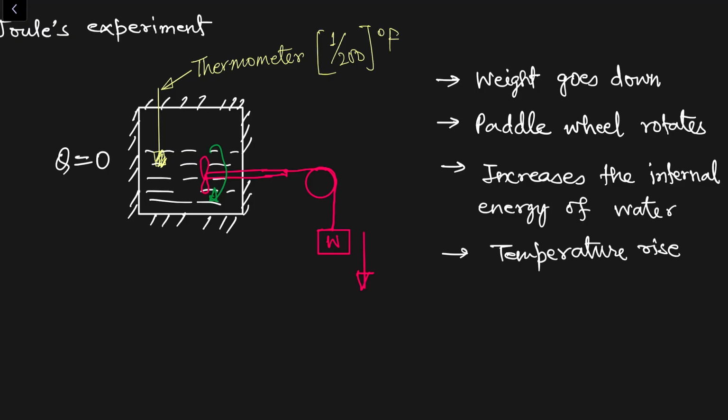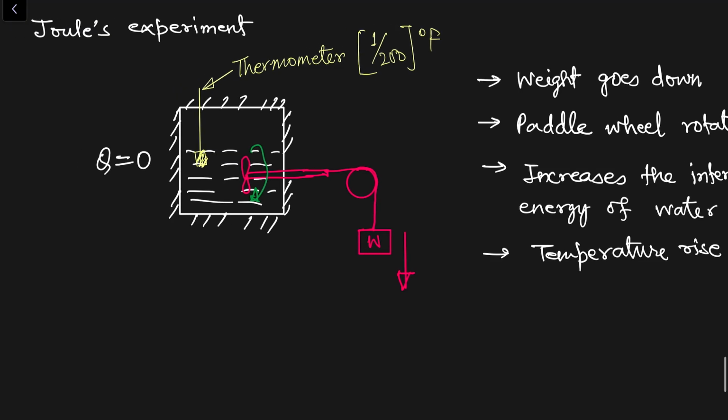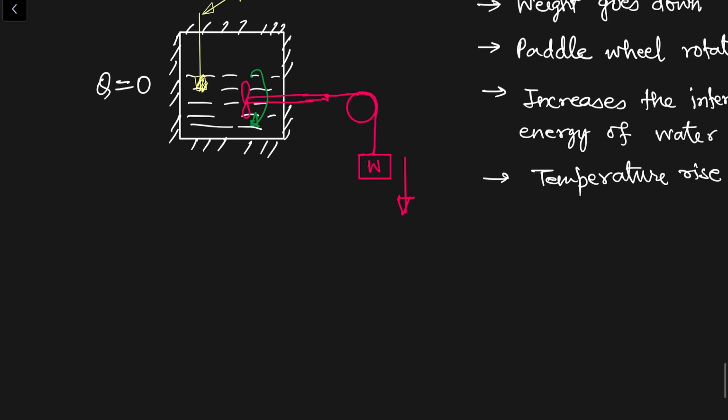So what was the conclusion from this experiment? Until Joule performed this experiment, everyone was believing in a theory that was known as calorie. So heat was considered as something which flows from one system to another, and that thing was called calorie.